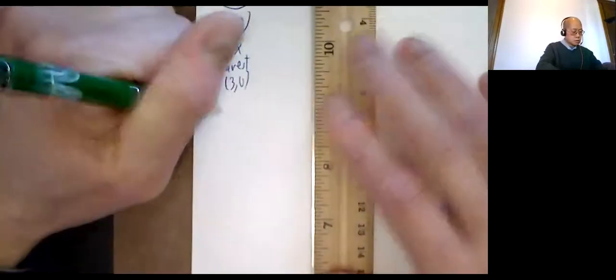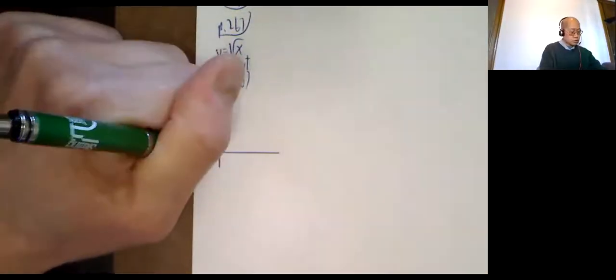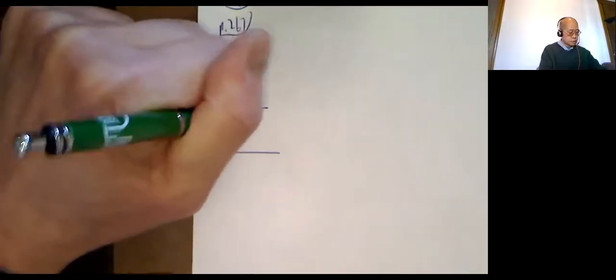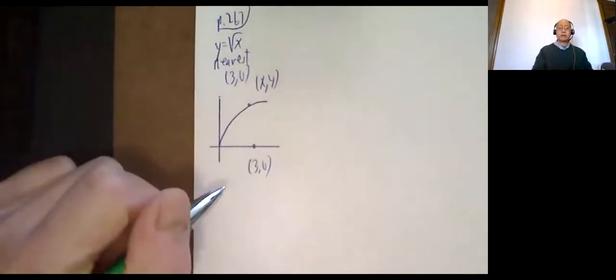Okay. Let me show you the picture of what's going on. Technically, you can do this without a picture, but let's go ahead and make one anyway. So the square root function, you should know, looks something like this. It's 3, 0.